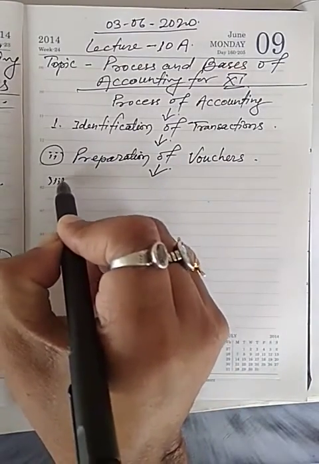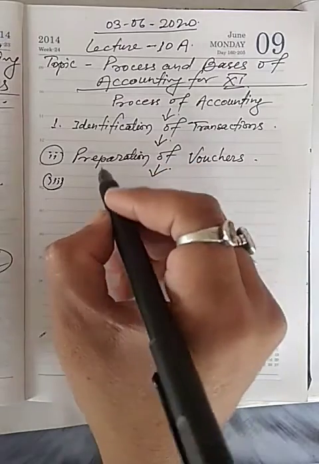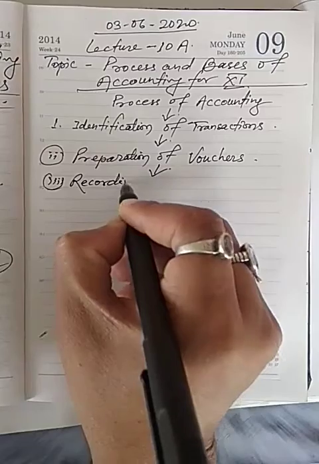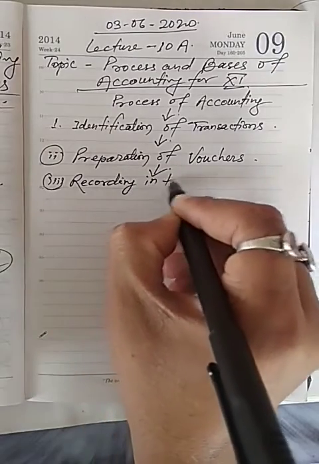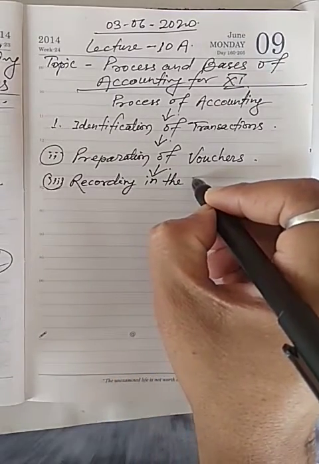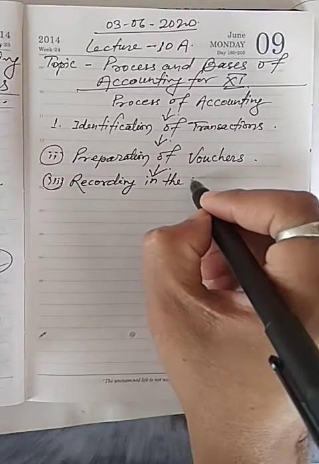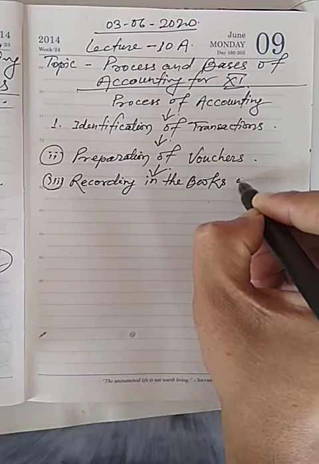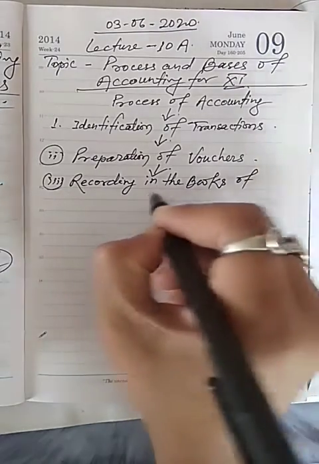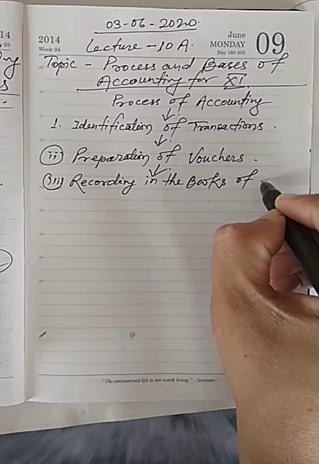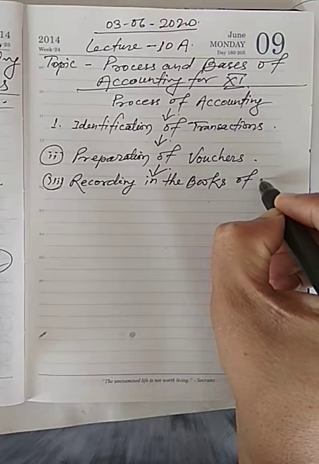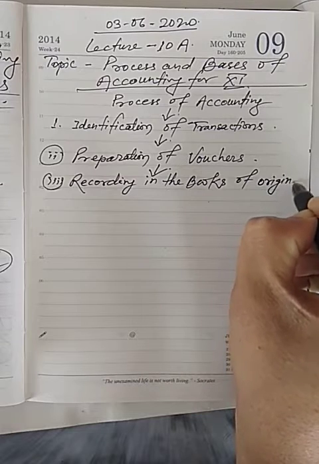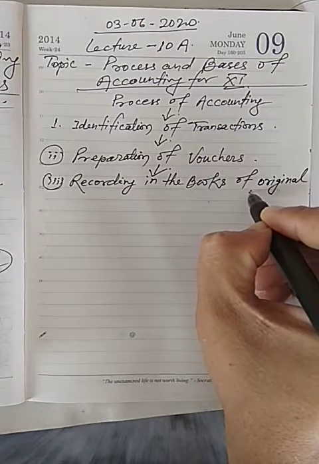Third step is recording in the books of original entry.